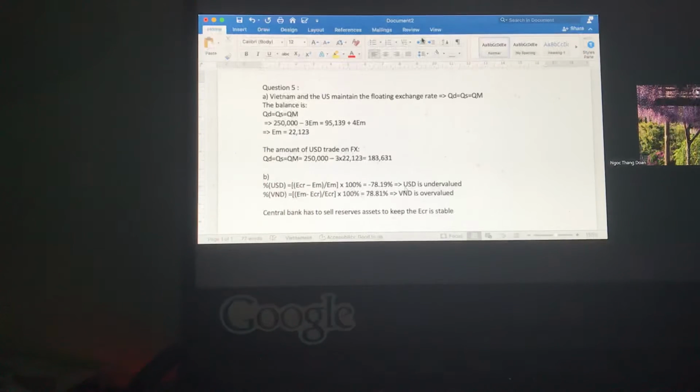It's the undervaluation or overvaluation of the USD and VND. How does maintaining this exchange rate affect Vietnam and the US? For the formula, the percentage for USD is ECR minus EM divided by EM, and then you plug in the information. And please take this result.